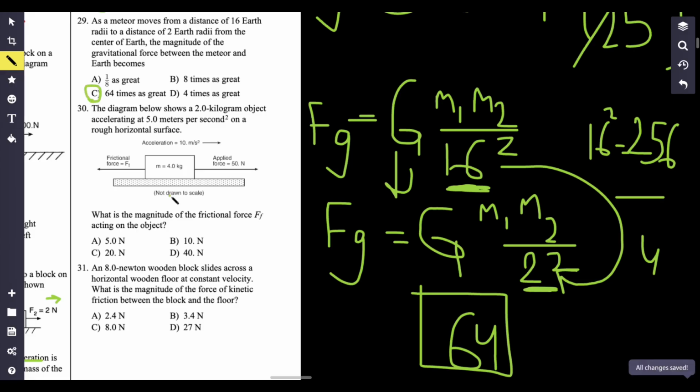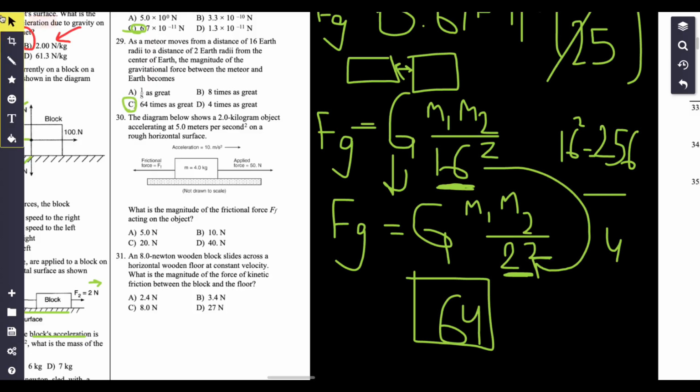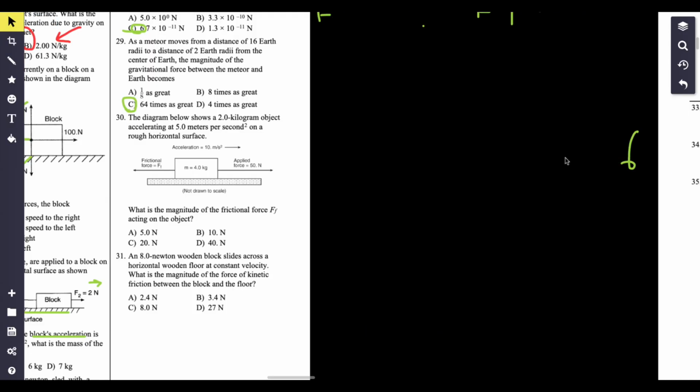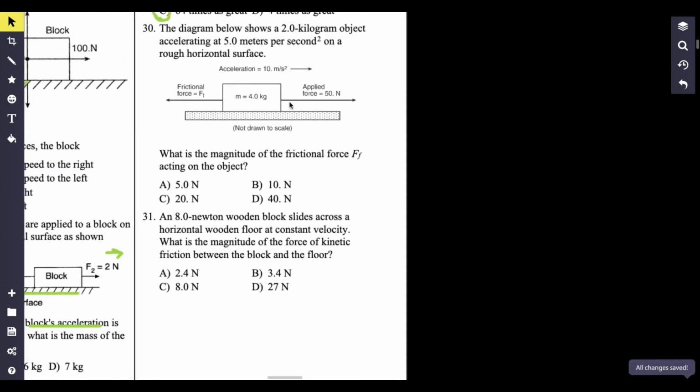And that makes sense, right? Think about two magnets. If you move two magnets closer, the closer the distance, the stronger that attraction is going to be. And because we're dividing by the distance squared, changing the distance actually has the greatest impact, because it's squared.